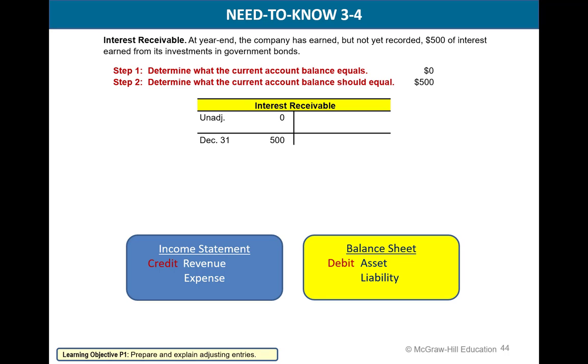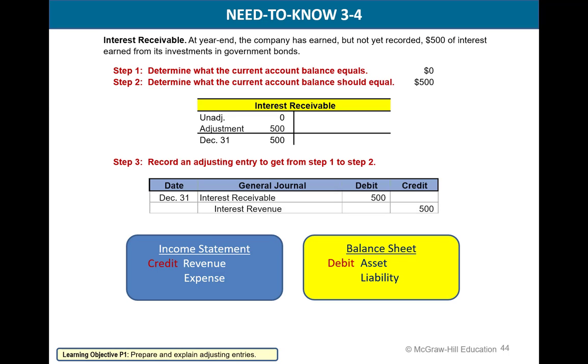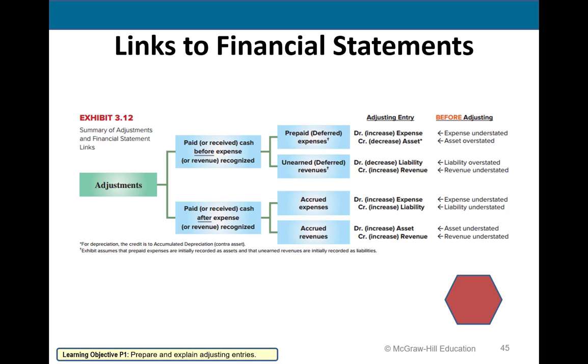Remember, the only way to get my money in there is to record an adjusting entry. So I will debit interest receivable and credit interest revenue. And this is money earned, but not through the regular business transactions of buying or selling or services, whatever it is I do.